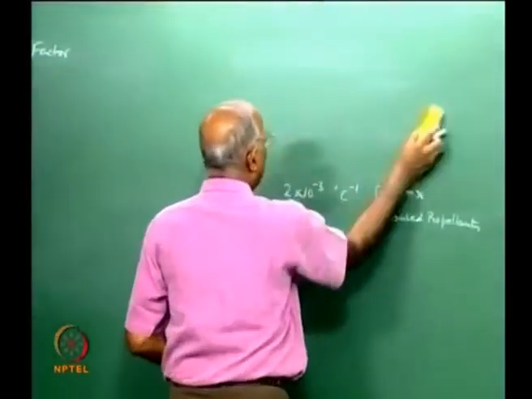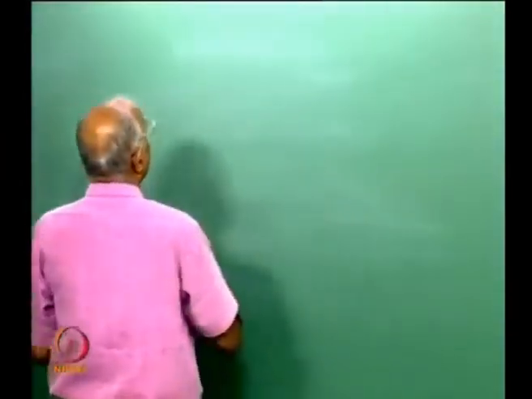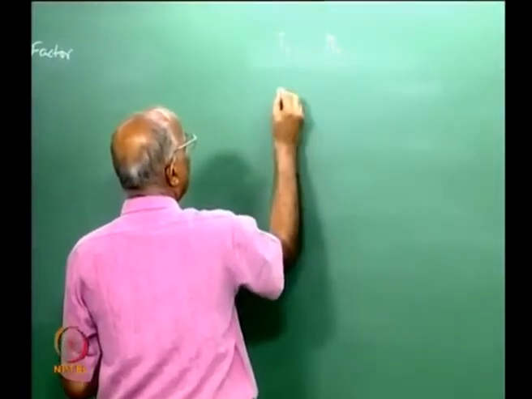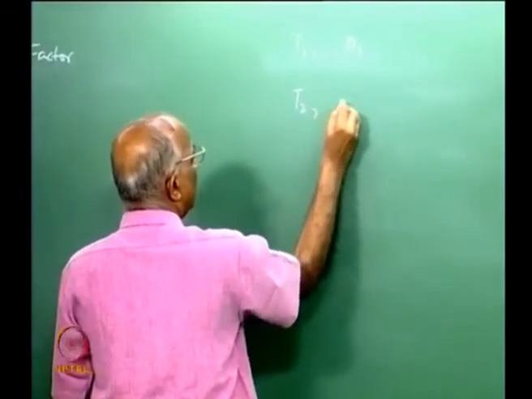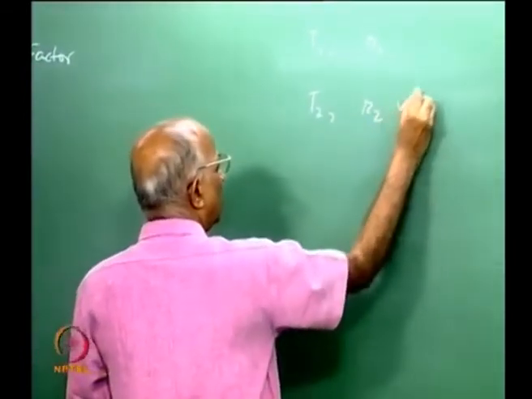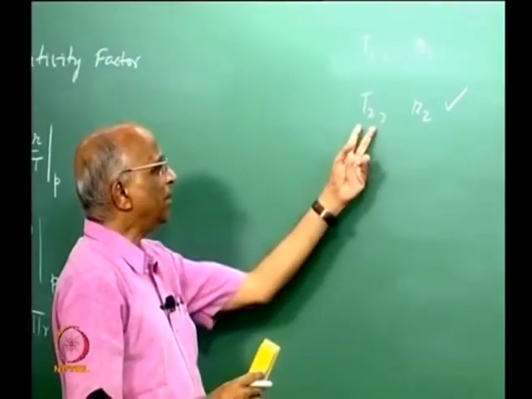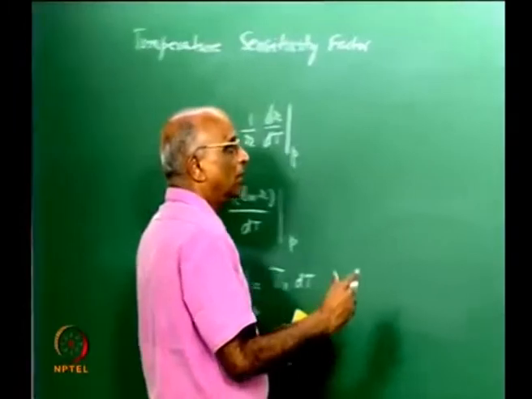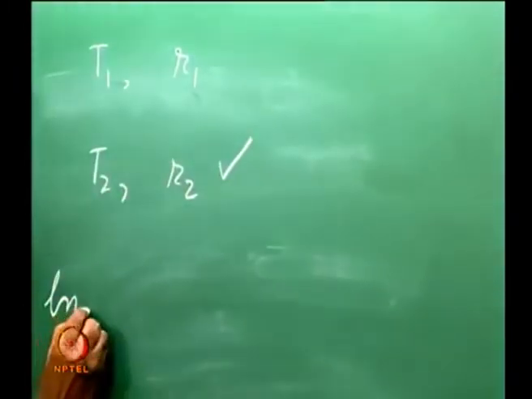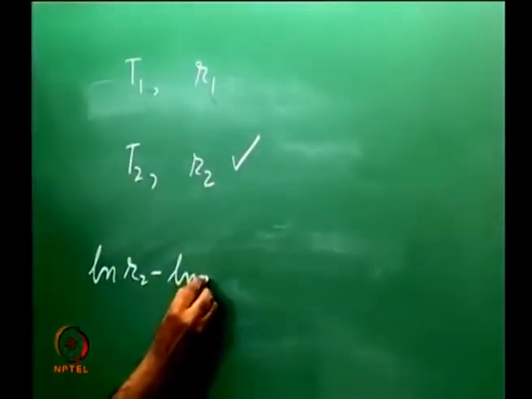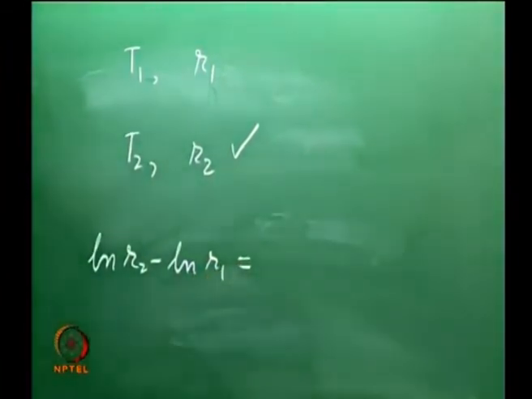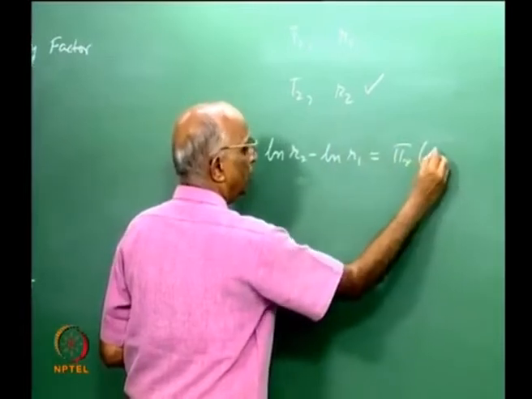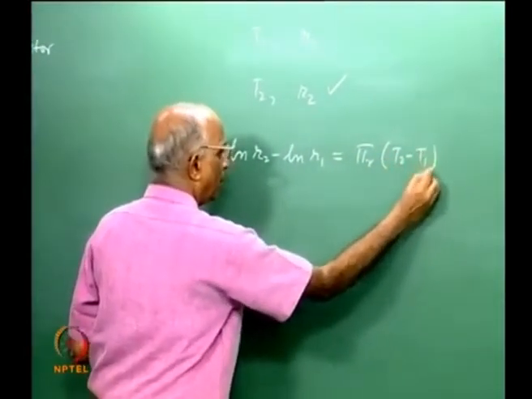Let's say I do two sets of experiments. At temperature T1 the burn rate is R1, at temperature T2 the burn rate is R2, and I am interested in finding out the burn rate at a temperature T2, and therefore I just integrate this. I get ln R2 minus ln R1 is equal to pi r into T2 minus T1.